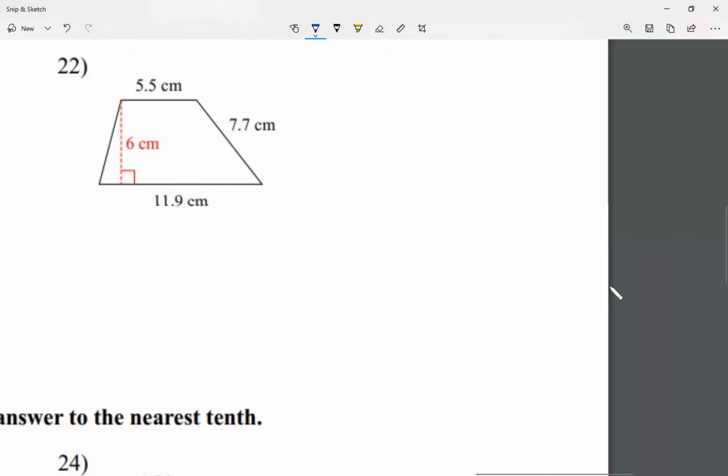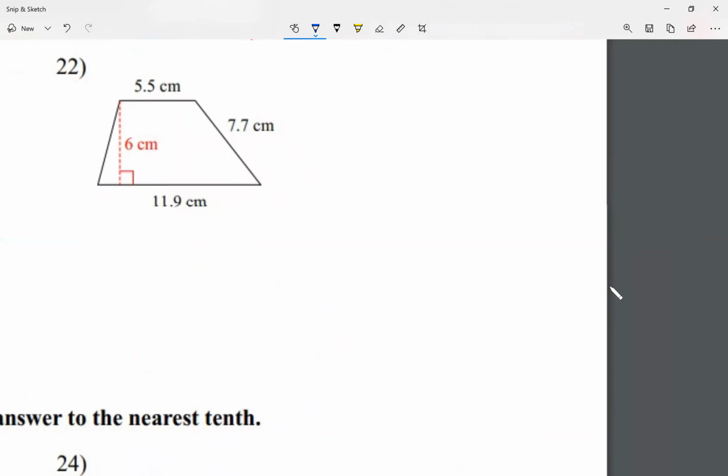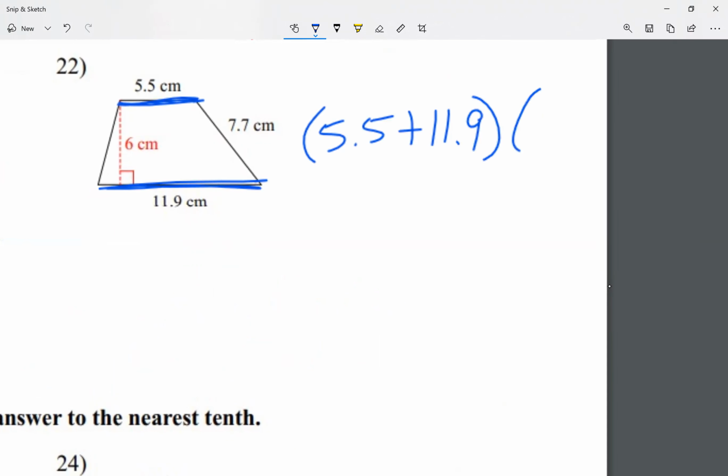One last example here for this type of question. My bases are 5.5 and 11.9. So let me go 5.5 plus 11.9. Whatever I get, I'm going to multiply by 6 divided by 2. Height divided by 2.